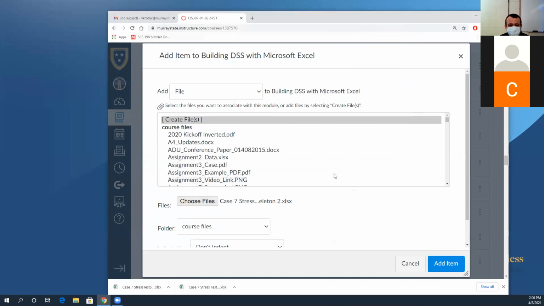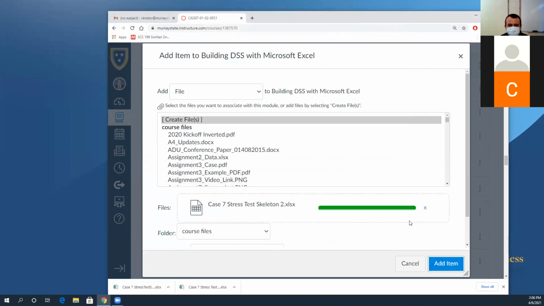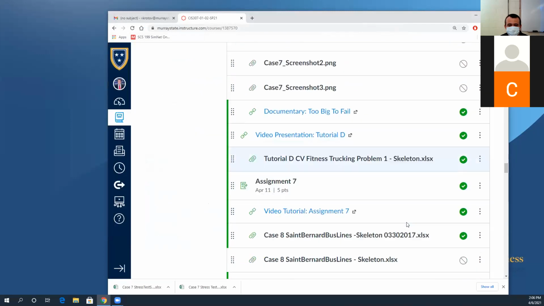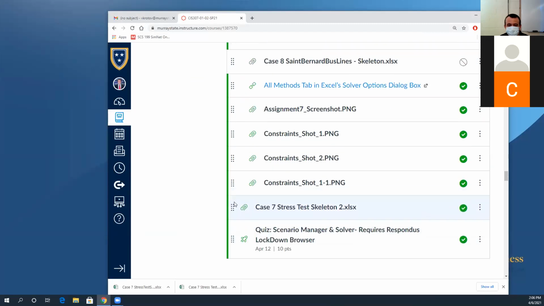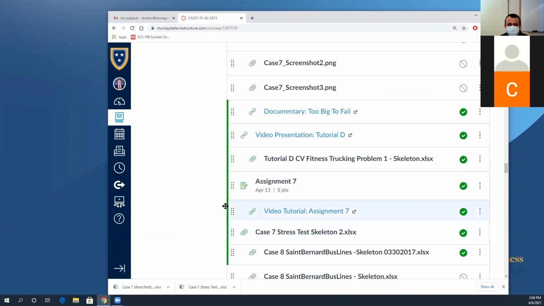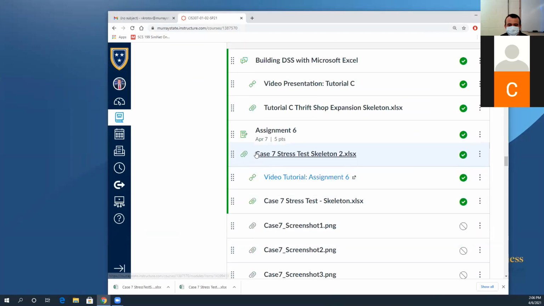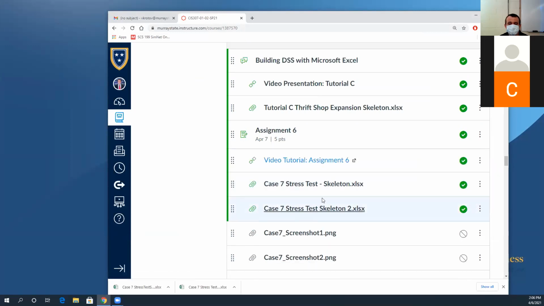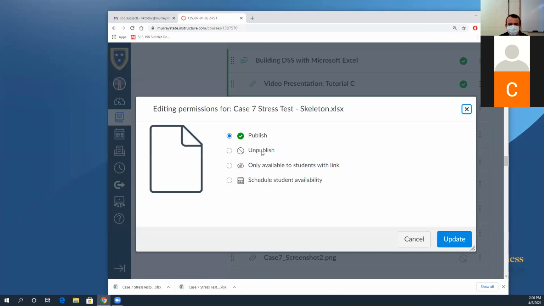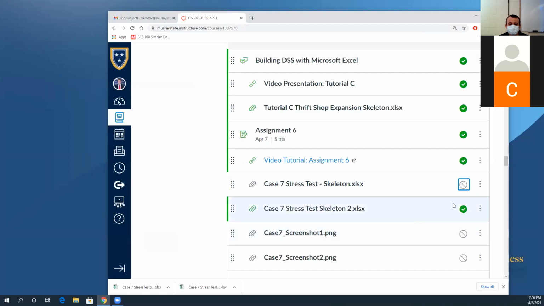It's called stress test skeleton 2. So right here, I will move it up under assignment 6. Don't open the previous skeleton file, and I'll deactivate it. Open that stress test skeleton 2.